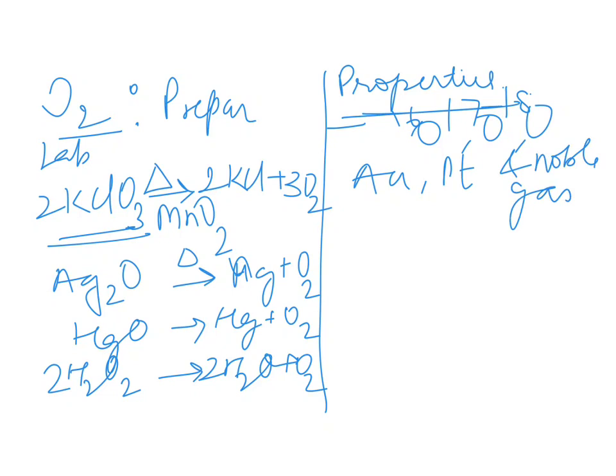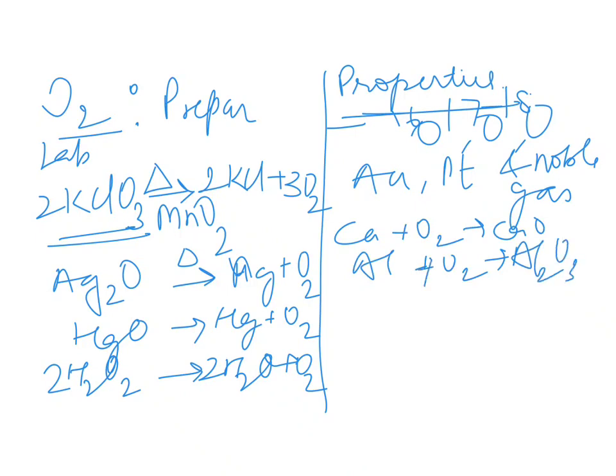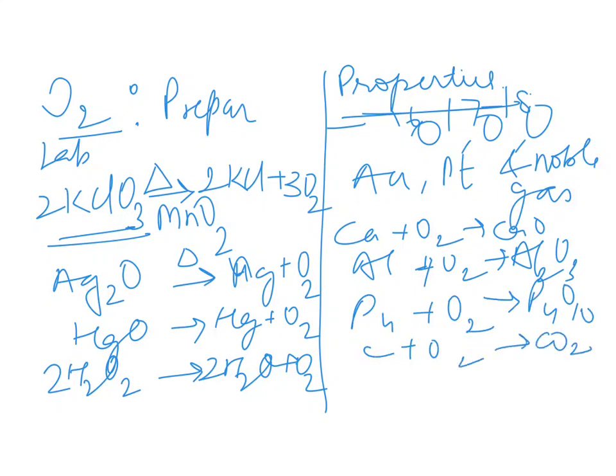Some examples: calcium when it reacts with oxygen gives calcium oxide, aluminium with oxygen gives Al2O3. I'm not balancing the equation. Then phosphorus, the non-metal, reacts with oxygen and forms P4O10. C plus O2 gives CO2.